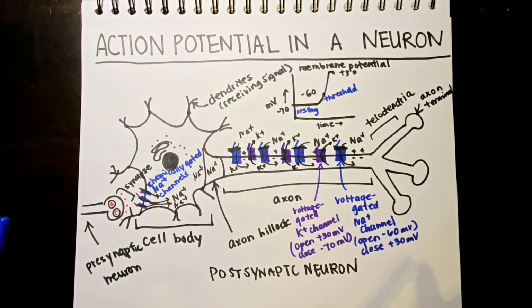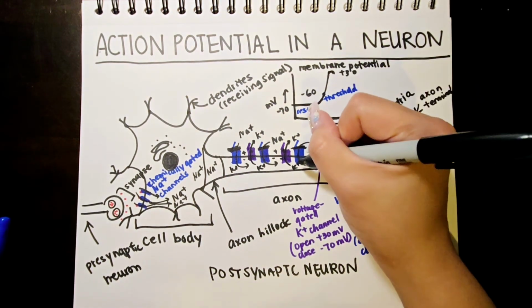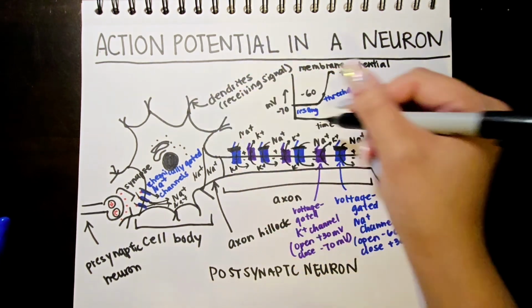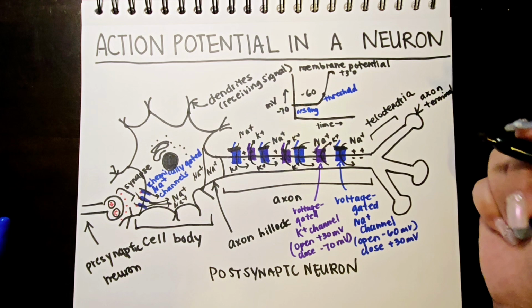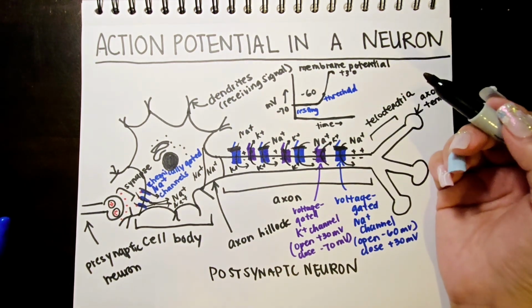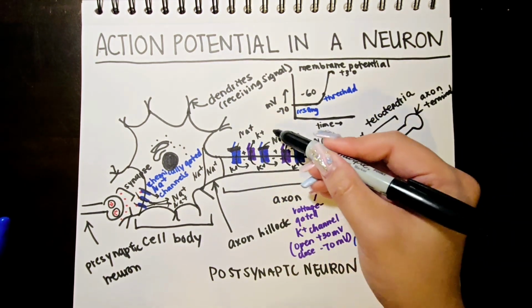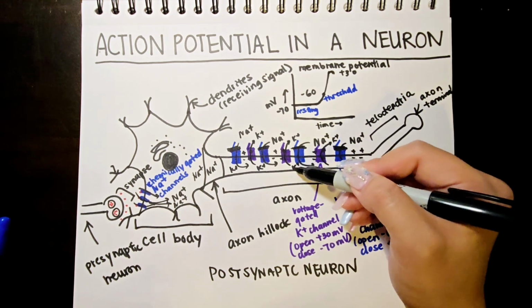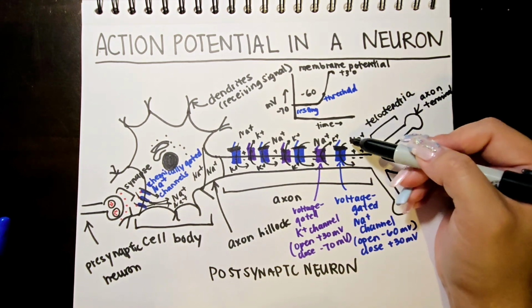Again, due to the electrochemical gradient, it drives potassium ions outwards from the neuron. Okay, so remember, when an action potential occurs, sodium ions go inwards into the neuron. Potassium ions will go outwards, out of the neuron.